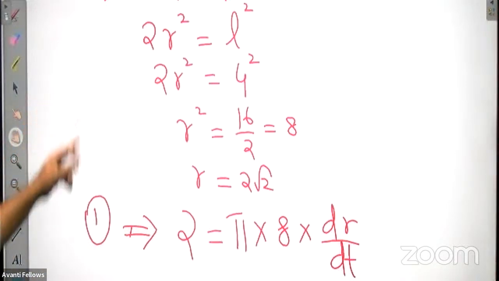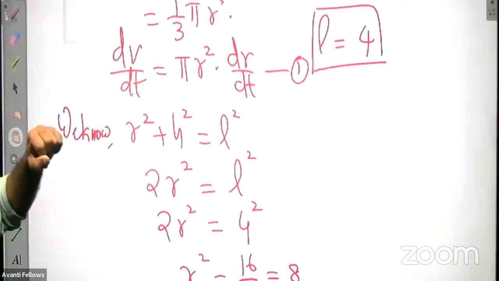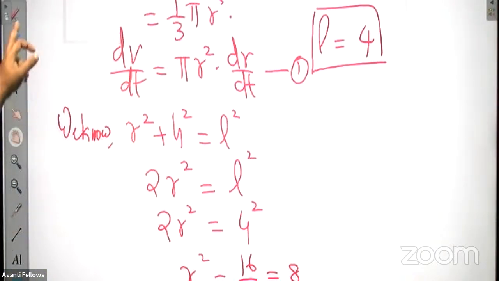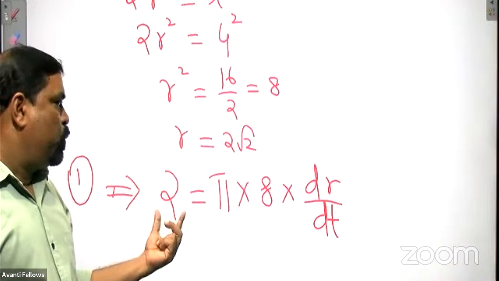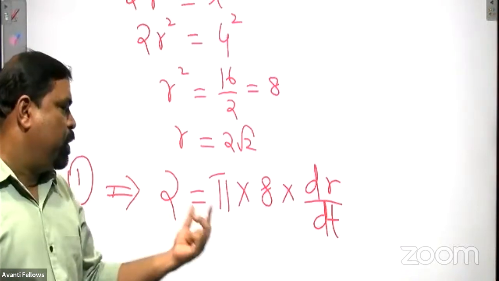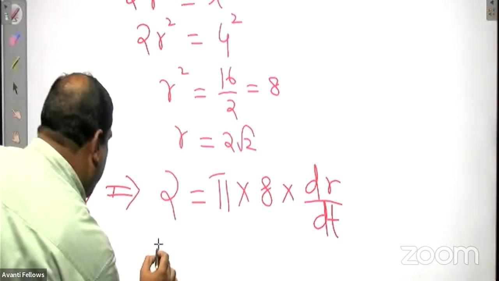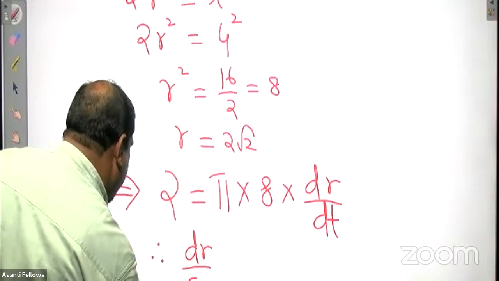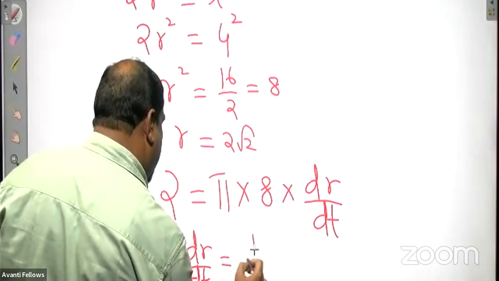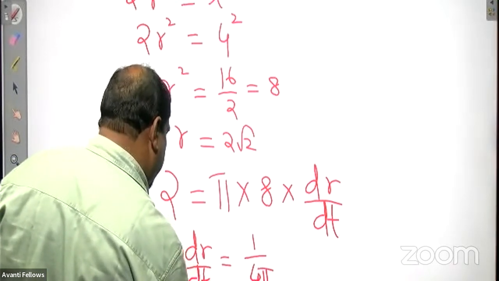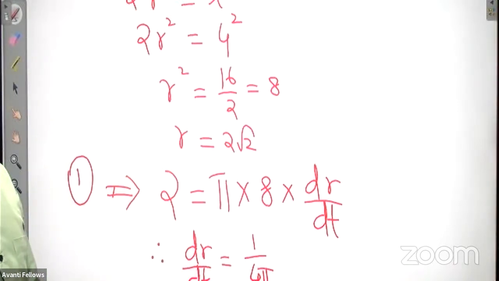If you substitute, you will get 2 is equal to pi into 8 into dr by dt. From that, you will get the value of dr by dt. So dr by dt is equal to 2 divided by 8 pi, which means 1 by 4 pi. So dr by dt is 1 by 4 pi.